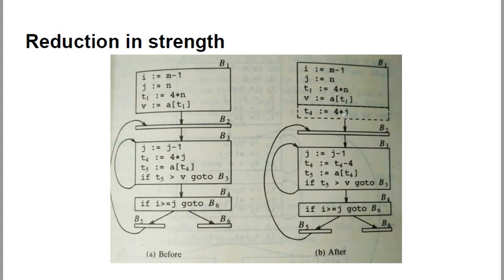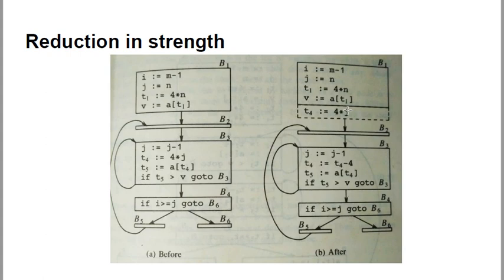So this problem is solved when we enter the block B3 for the first time, we just have to compute this value. So this 4 into J is moved up, and since we can maintain the same relationship, we can change the multiplication operation to a lower operation, a subtraction or an addition, if it is possible.